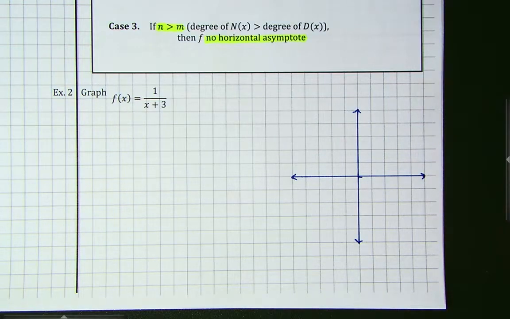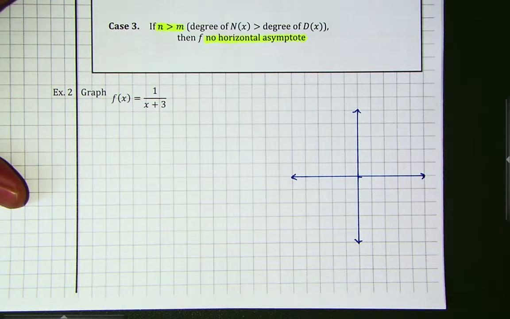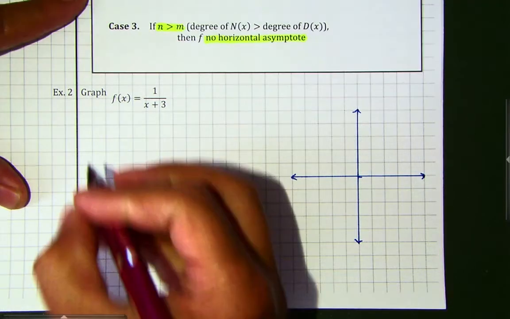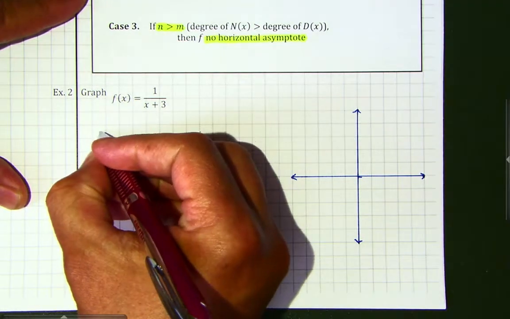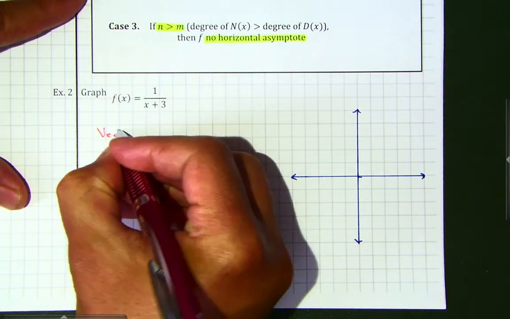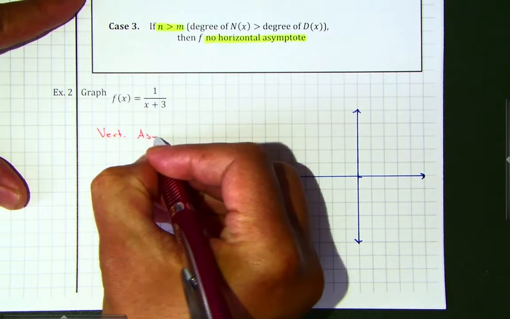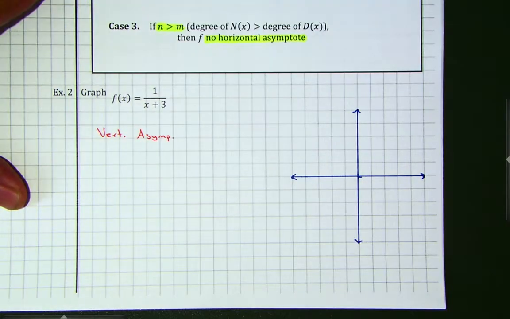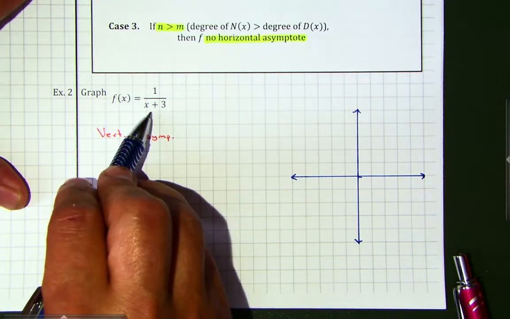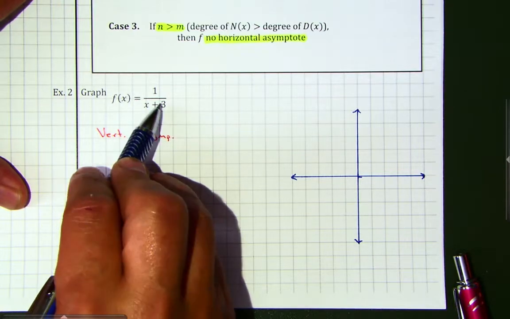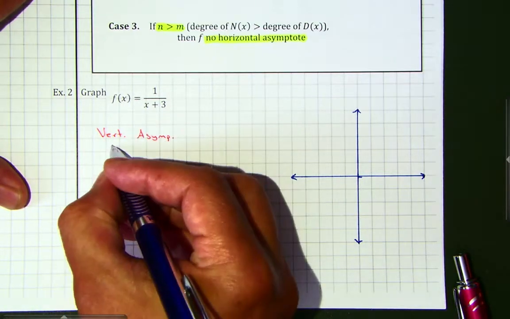And now the first thing that we're going to find is your vertical asymptote. Your vertical asymptote is going to be found by finding the zero of your denominator. So we're going to place your denominator equal to 0 so we can find the zero.